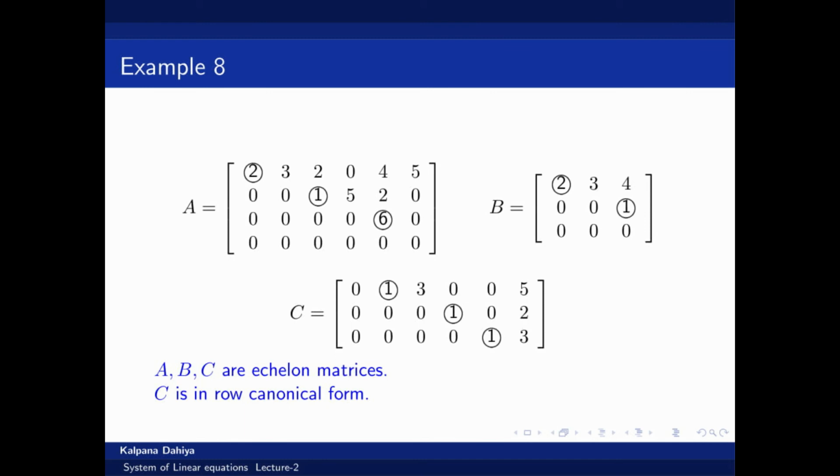Now in the second row, 1 is the pivot element, and corresponding to this 1, the fourth column, all other entries are 0. In the third row, 1 is the pivot element, and corresponding to this 1 we have the fifth column, and all other entries are 0 in this column. So we can say that matrix C is in row canonical form.